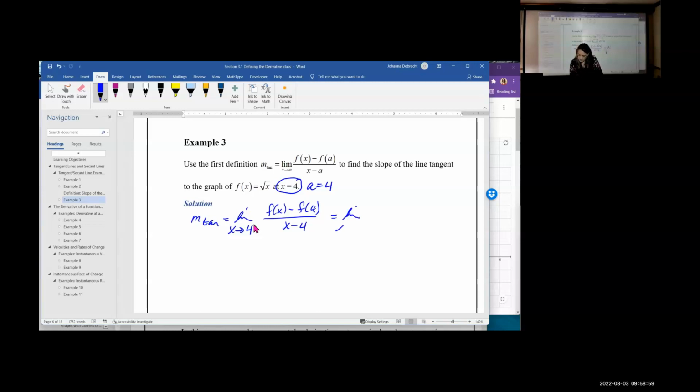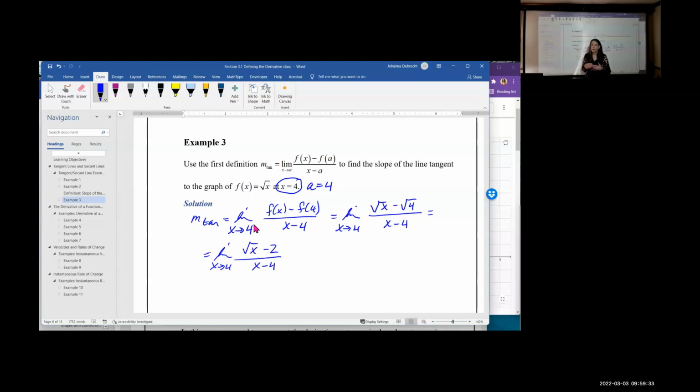So we have the limit as x goes to 4. F of x is the square root of x. And f of 4 would be minus the square root of 4, all divided by x minus 4. Now we can simplify the numerator because we know the square root of 4 is going to give us a 2. So we have the square root of x minus 2 over x minus 4.